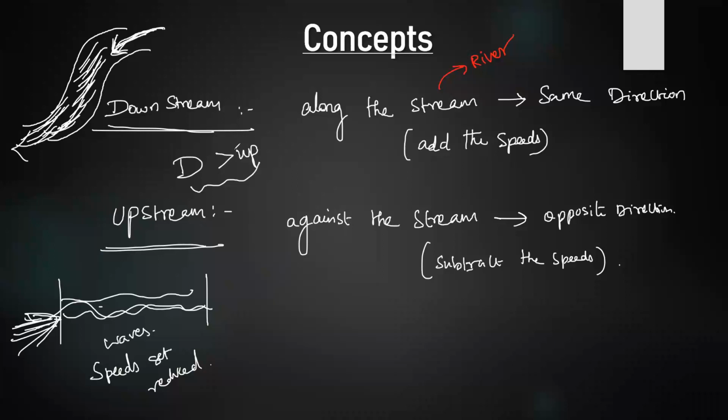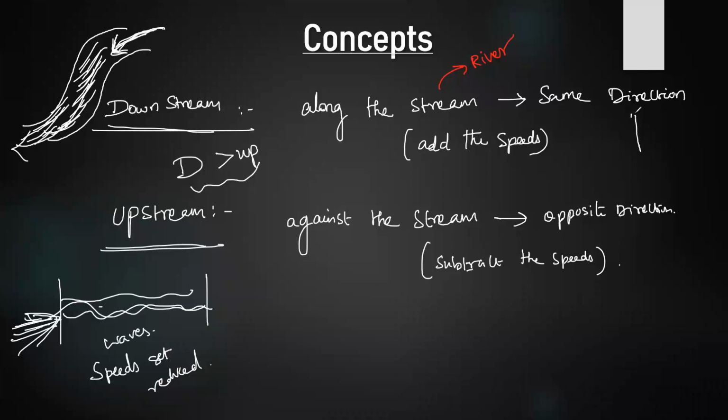So upstream is against the stream, downstream is along the stream. So always downstream will be greater than upstream. Is it clear? Downstream is greater than upstream.